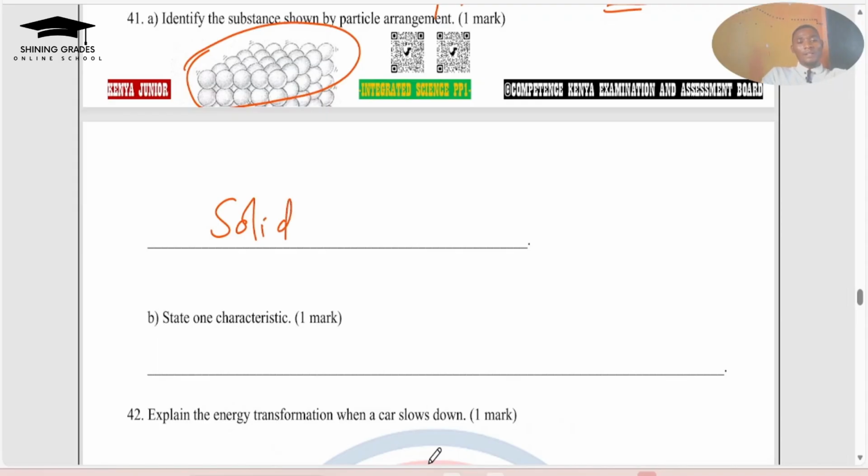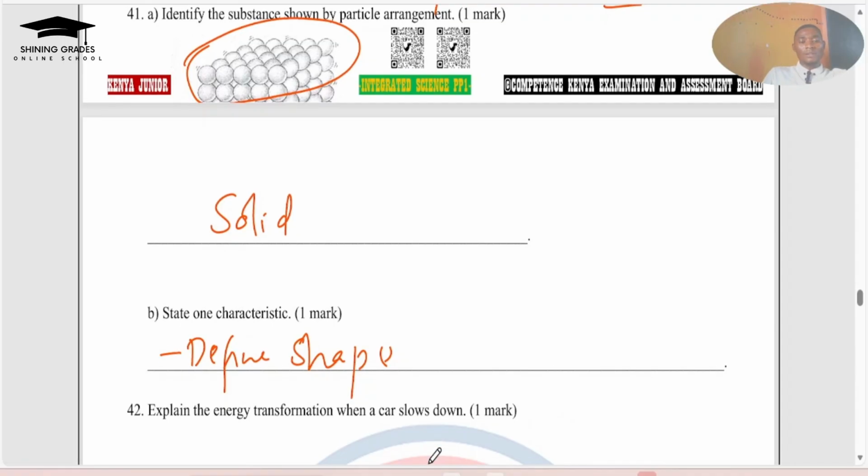State one characteristic of the substance. They have a definite or fixed shape, and they also have a fixed mass and volume. Those are some of the characteristics of the substance.